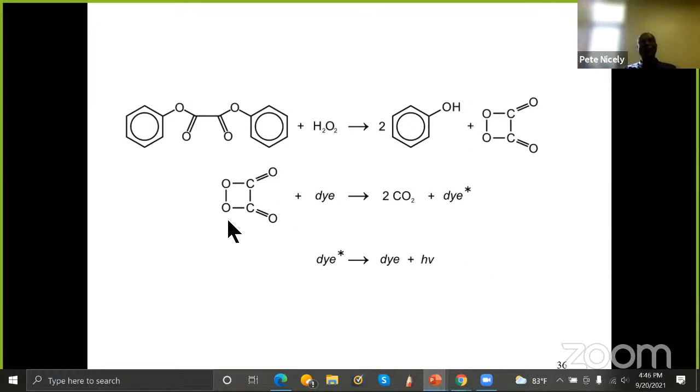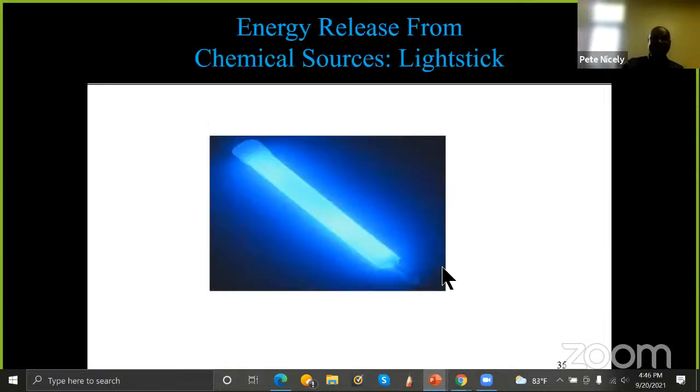So much so that when it reacts with a dye, it transfers energy to the dye, and the dye itself becomes energetic, and carbon dioxide is the byproduct of that step. And then that dye produces light almost immediately. That's what hv here represents, light. I won't go into the details as to why that is used, but that's basically what happens. So this is just showing you the series of reactions that is responsible for the light produced in the light stick here.